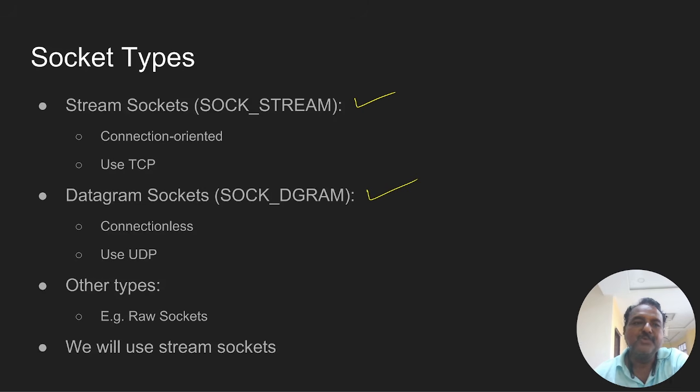When I use stream sockets, it means we are going to implement a connection-oriented network between the computers. Whenever we say we are using a connection-oriented network, it means we are going to create a virtual circuit.